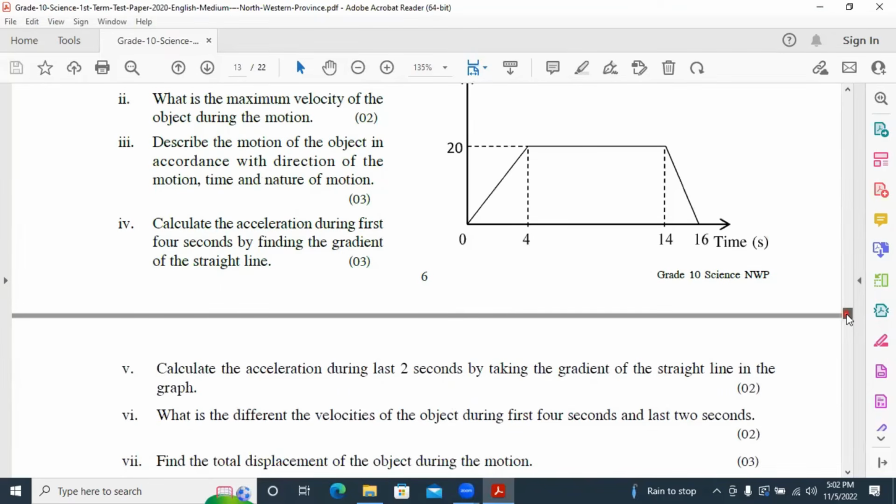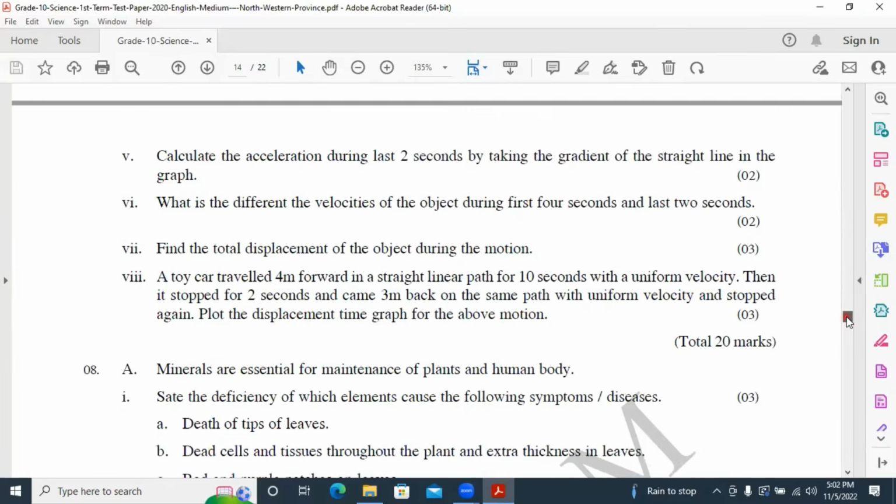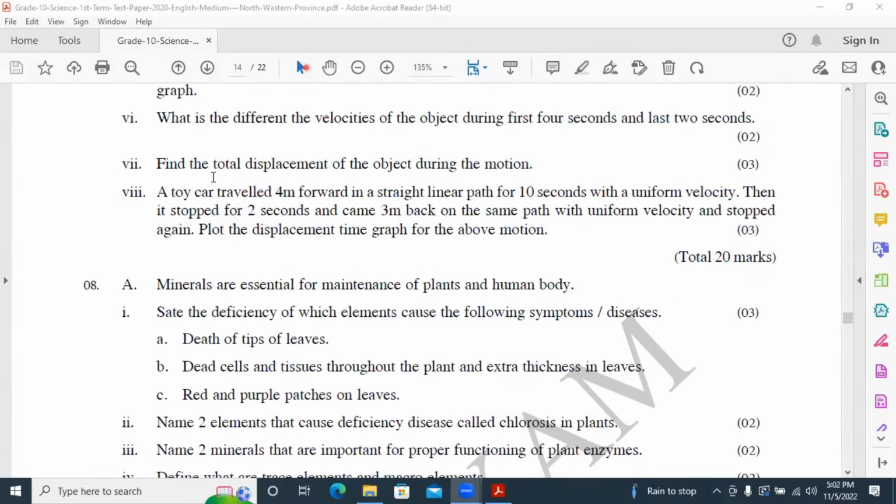This graph is like a trapezium, so you have to use the way of taking the area of the trapezium. 16 plus 10, divided by 2 and multiplied by the height, which is 20. Then the answer is 260 meters.